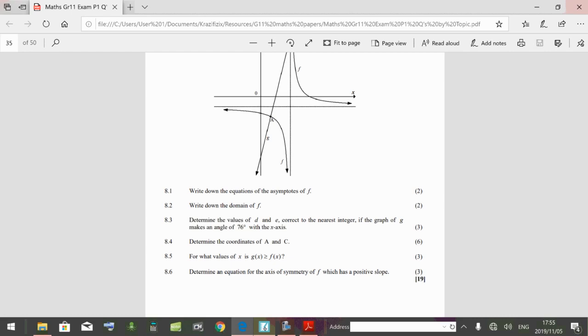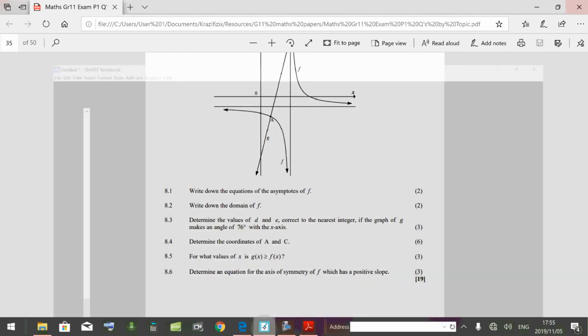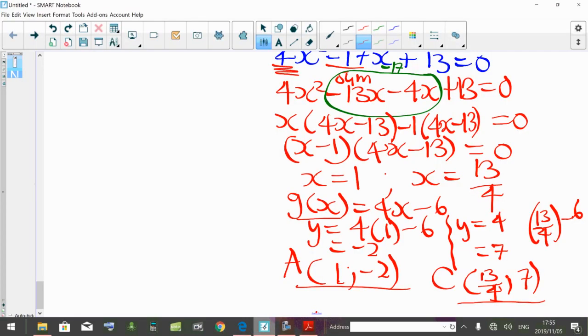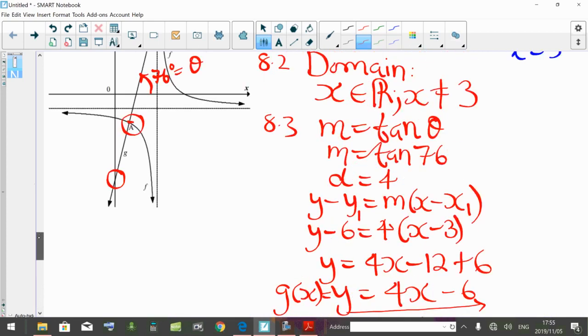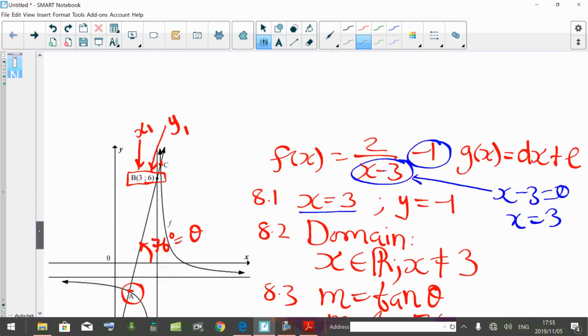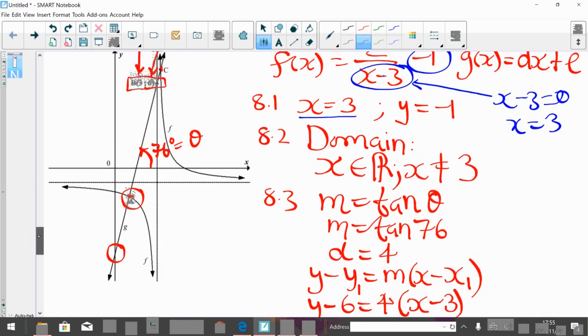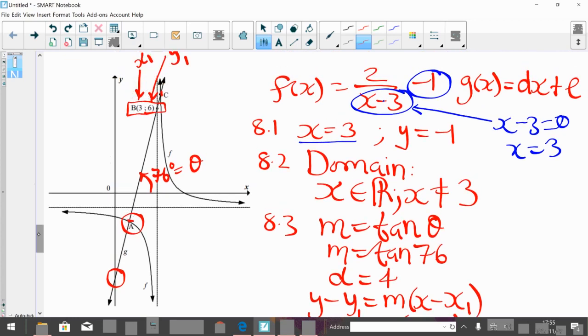When is g greater than f? So whenever I see this question, I would like to reinterpret it, write it in a language that I can relate to. They're basically asking me, where is g above, or they say greater, where is g above f?